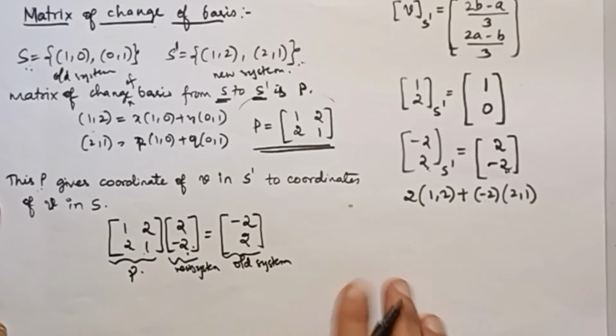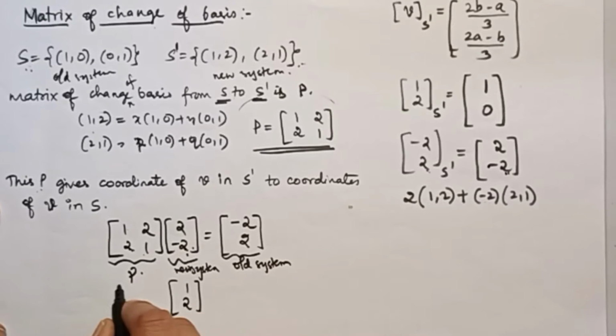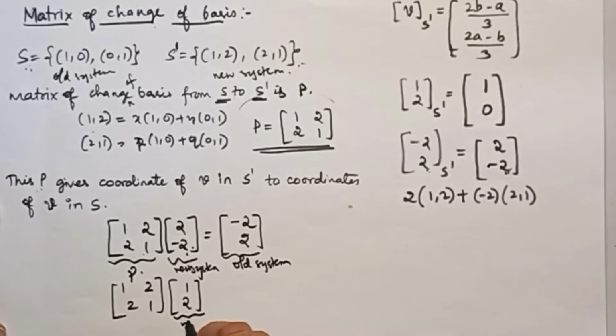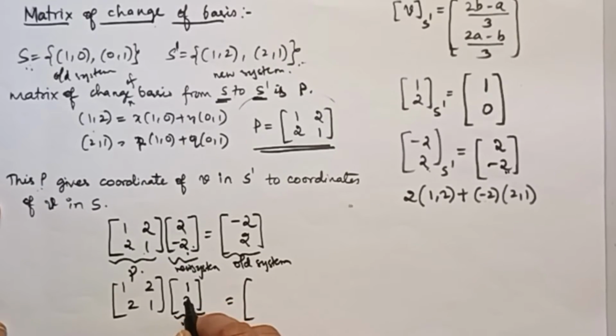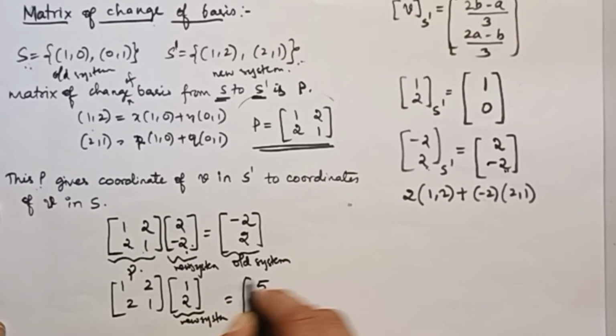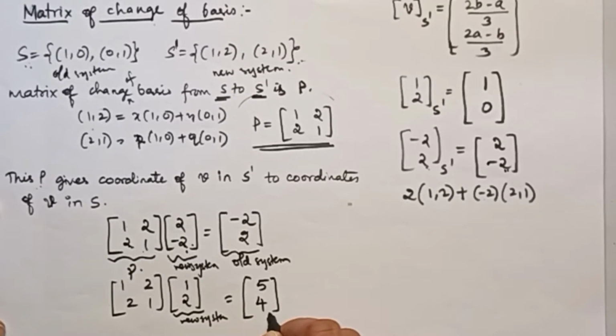Say, for example, take one more vector, 1 2. This is the basis vector 1 2, with the matrix 1 2 2 1, in the new system. In the old system, this 1 2 is called 1 plus 4, that is 5, and 2 plus 2 times 4, so it is called 5 4.